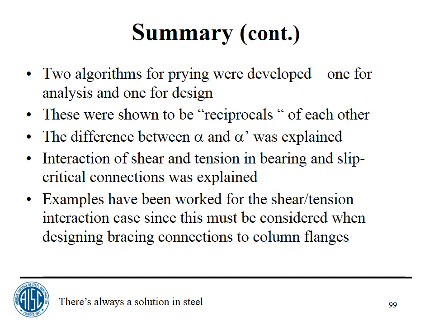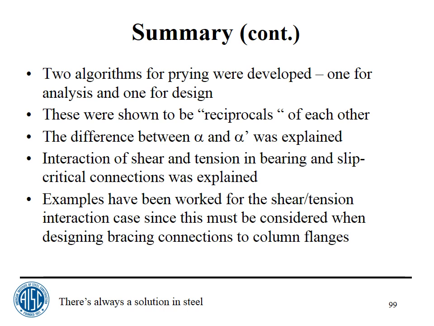We went through 2 algorithms for prying. One for analysis, that is, given a fitting thickness, what's its design strength? And the second one is given a required strength, what thickness do you need? What hardware do you need to make it work? And these were shown to be reciprocals of each other. If you start with one, you get a design strength.